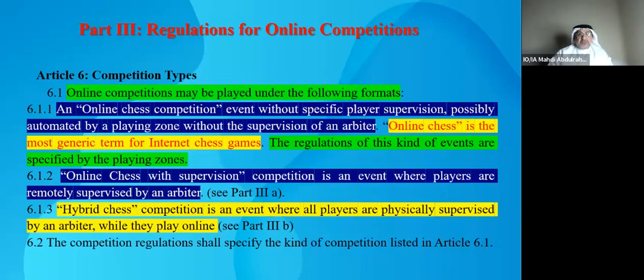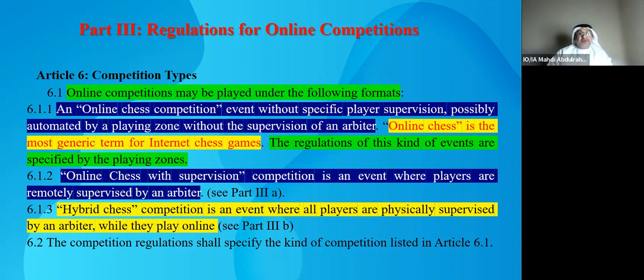They can use a super scanner or metal detector to scan the body and see if they are using any metal or any type of cheating. Beside the arbiter, we have the local chief arbiter. For each 10 players, we have one local chief arbiter. If we have more than 10, we need two arbiters.